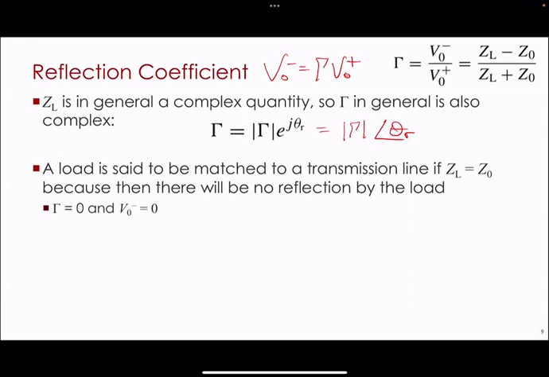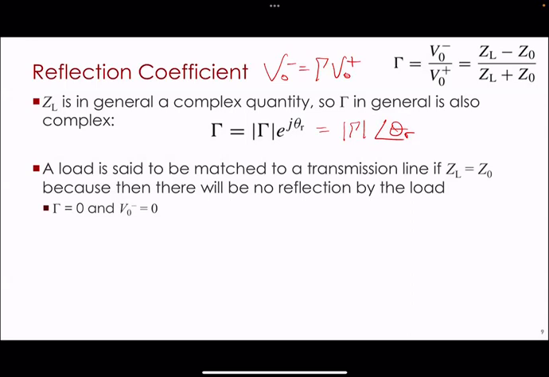That's down the road when we get to Smith charts. This is the match condition. You'll often hear people talk about whether it's matched or not. It means that whatever the Z naught is for the transmission line you're using is equal to the ZL you're connecting at the end of that transmission line.